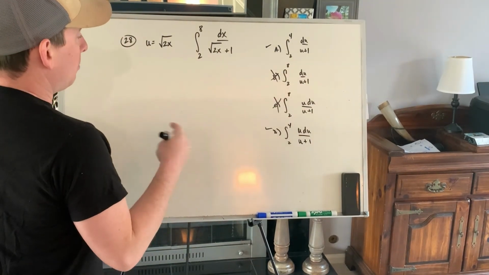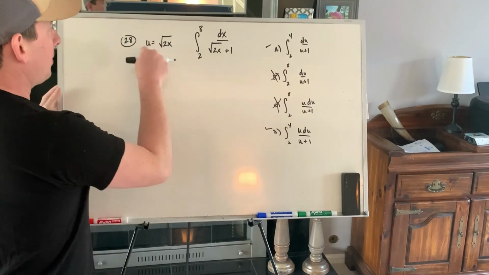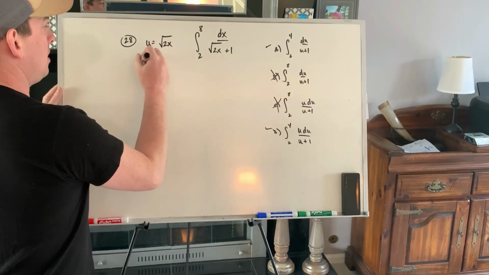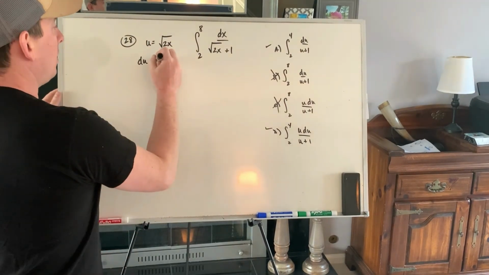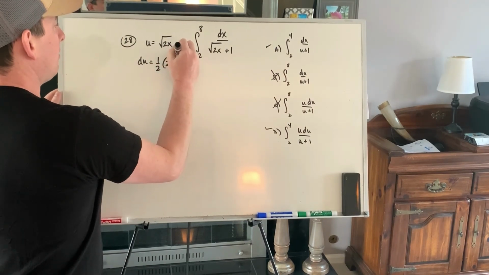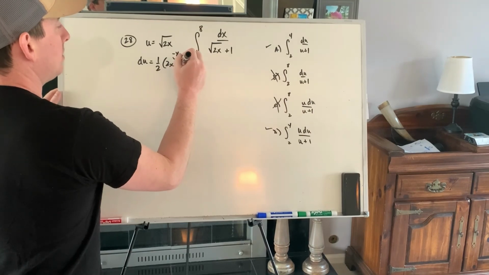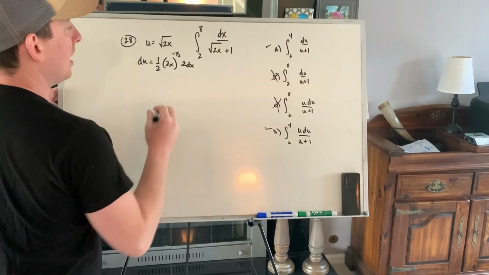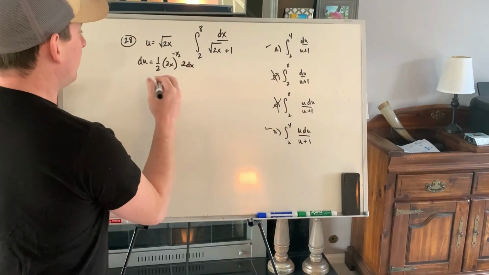Now let's try to figure out what the rest of the U substitution is going to do. If this is U, then du is 1/2 all this stuff to the -1/2 times 2 dx. Don't forget your chain rule there.